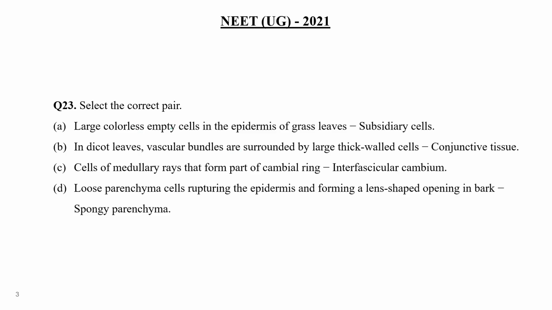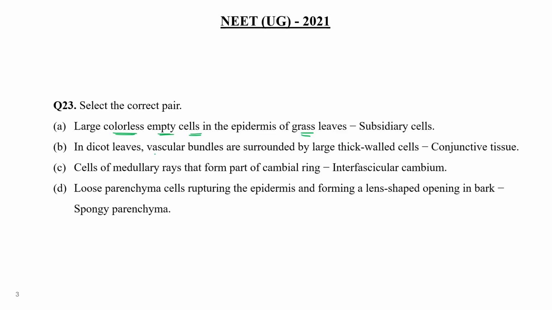Large colorless empty cells in the epidermis of grass leaves. Subsidiary cells? No, these are known as bulliform cells, as these are large colorless empty cells, right? Present in the monocot, means grass. So these are bulliform cells.